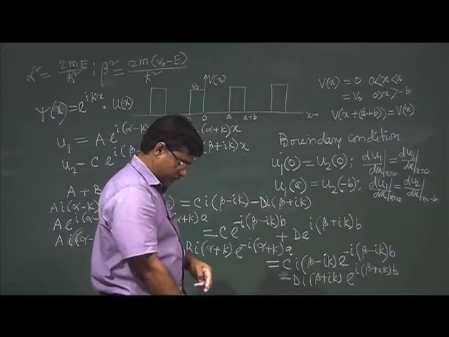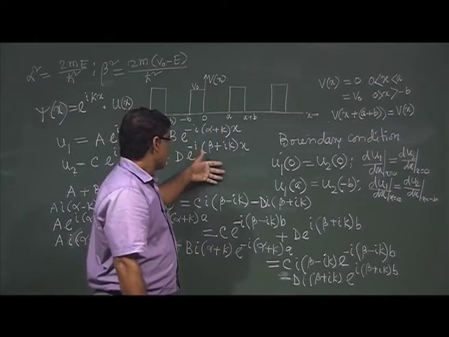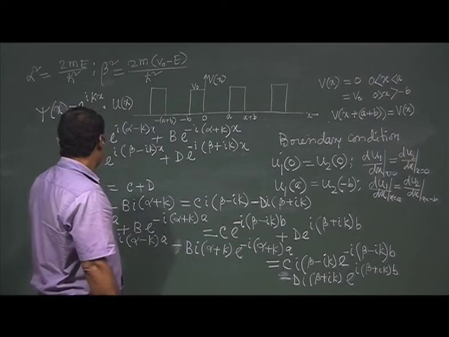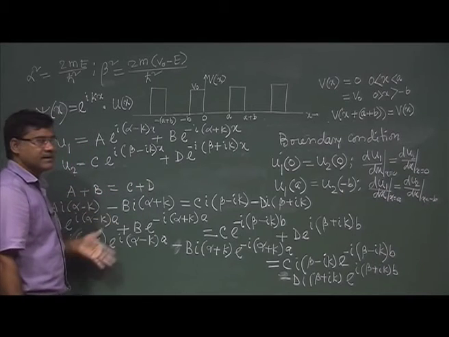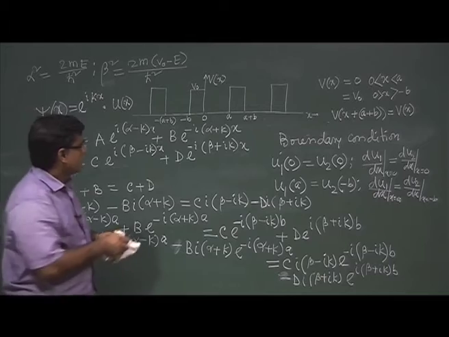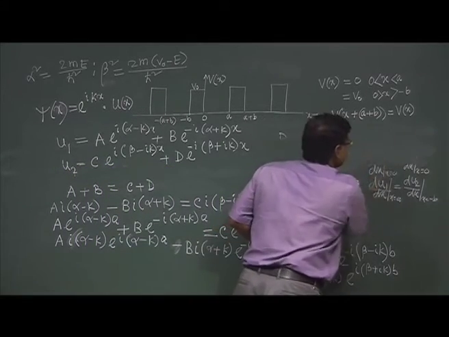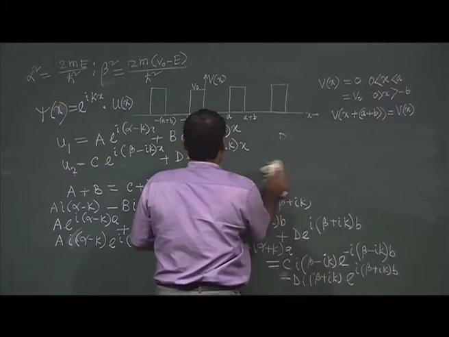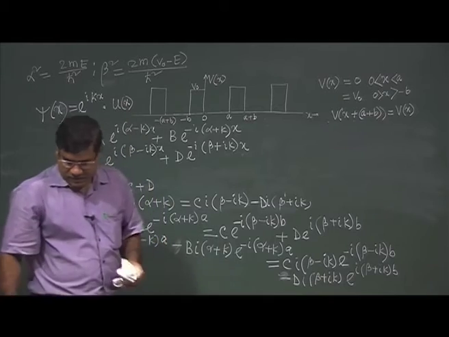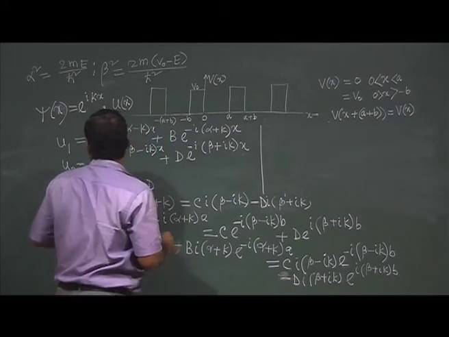So, generally what people do, take the determinant of the coefficients of A, B, C, D. I can form a determinant, how?